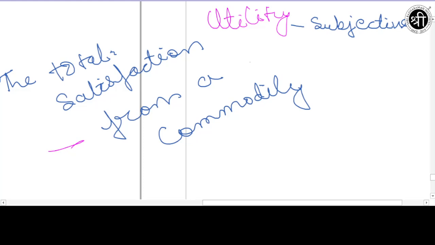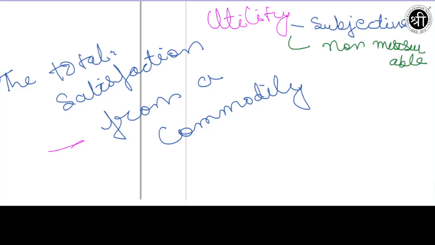Now the second one is that utility cannot be measured. It is non-measurable. What does non-measurable mean? If you want to calculate the length of a table, you can calculate that. If you want to calculate the mass of an object, you can calculate that, but you can never calculate the amount of utility which you gain from a substance.